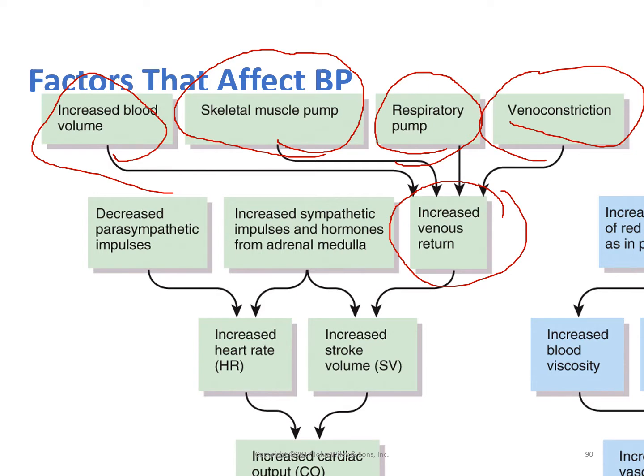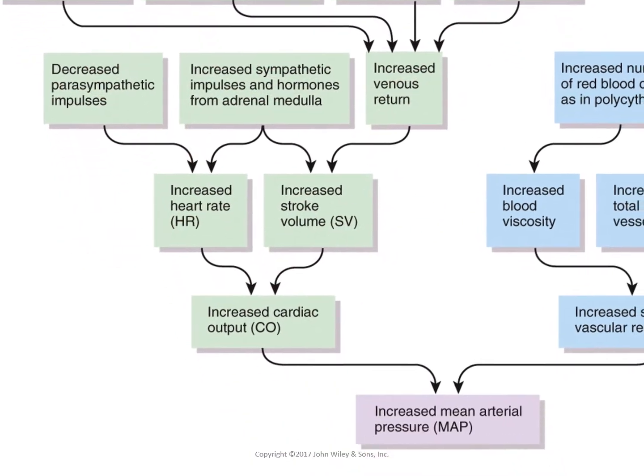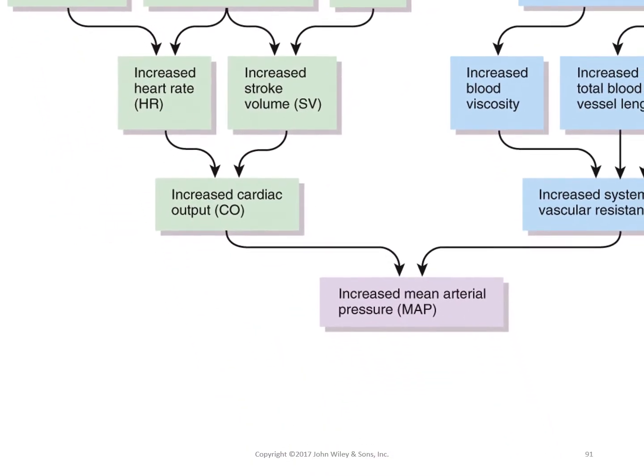Decreased parasympathetic impulses or increased sympathetic impulses and hormones can increase heart rate and stroke volume, causing that blood that just came back to be pumped more vigorously out of the local area and into the rest of the body.